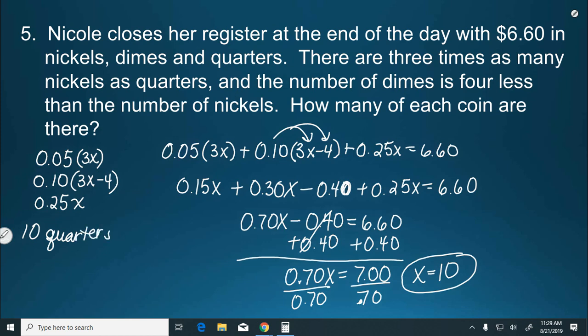Then 10 times 3, so that's 30 nickels. And then 30 minus 4 is 26 dimes. Again, we don't incorporate the value at that point because we just want to find the number of each coin that the register contains.